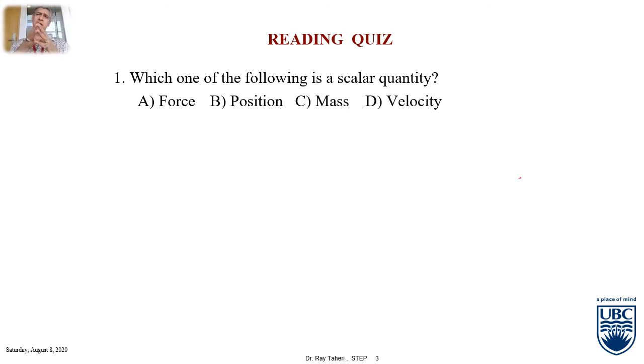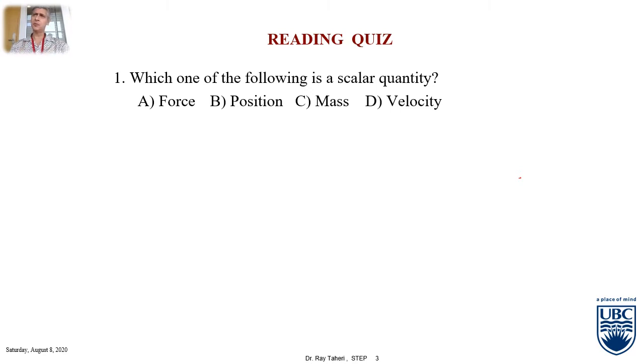Speaking about the scalar versus vector, we have two sets of quantities in physics and statics. One set, which are scalar, we can completely fully define them by one value, which is the magnitude of these scalars. Speed is an example.